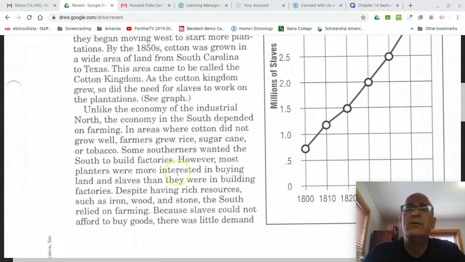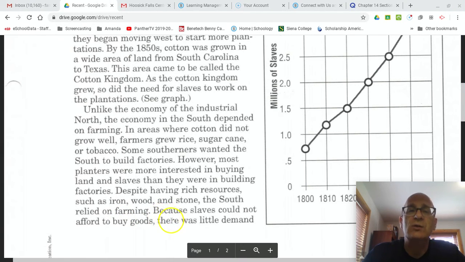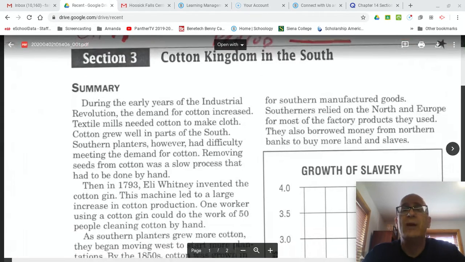Okay, but some Southerners wanted the South to build factories. However, most planters were more interested in buying land and slaves than they were in building factories. Despite having rich resources such as iron, wood, and stone, the South relied more and more on farming. Because slaves could not afford to buy goods, there was little demand for Southern manufactured goods.